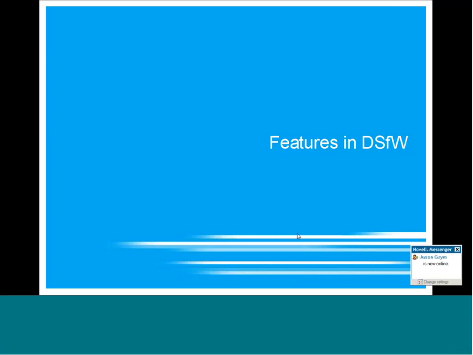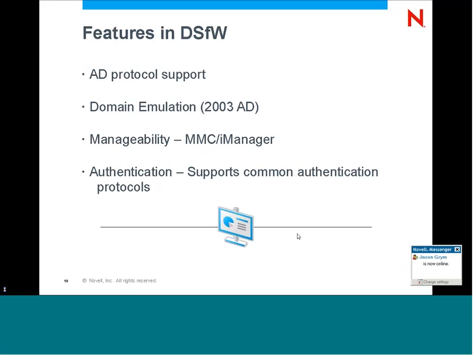We'll get into features in DSFW. So for features, we have basically AD protocol support. If you need AD authentication, then this is what DSFW does. Domain emulation. Right now it's a 2003 Active Directory domain. They're working on support for 2008 schema.